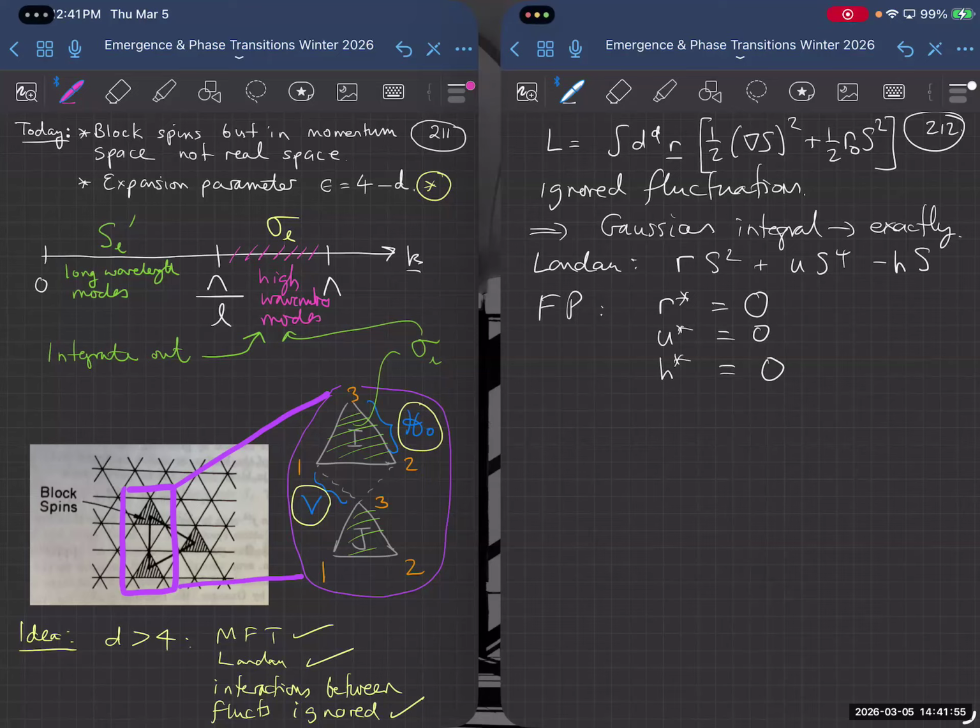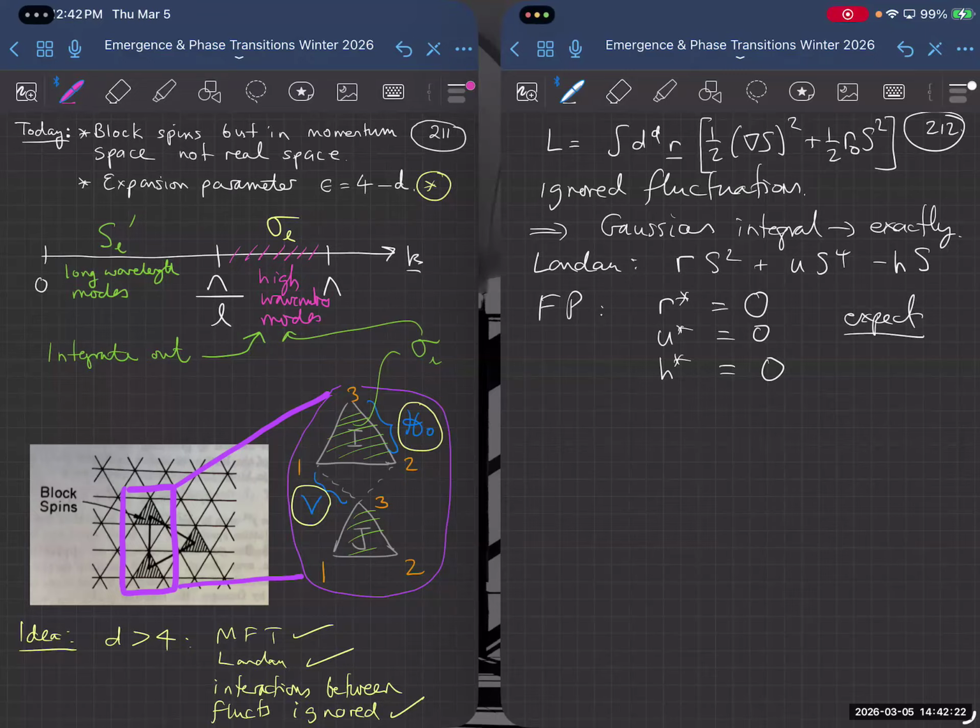That's a fixed point that corresponds to the Gaussian theory. This just says that T is equal to Tc, u star is equal to 0 because we've set the fluctuations equal to 0 since we are in D greater than 4 and mean field theory is exact, and h star is equal to 0 because we're interested in the case when there is no external field. So this is what we expect. Okay, so that's the point.